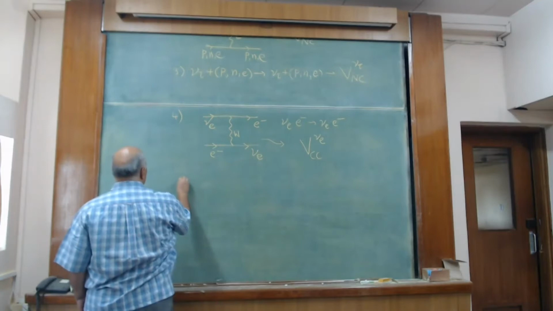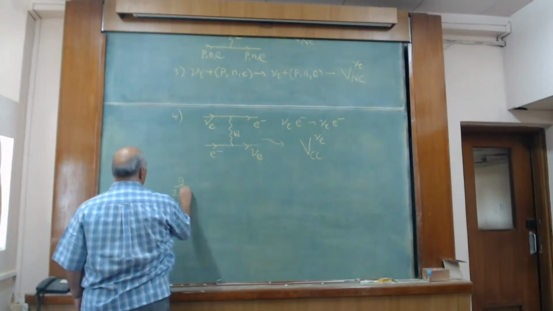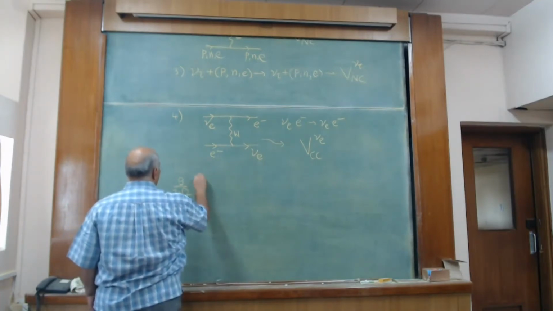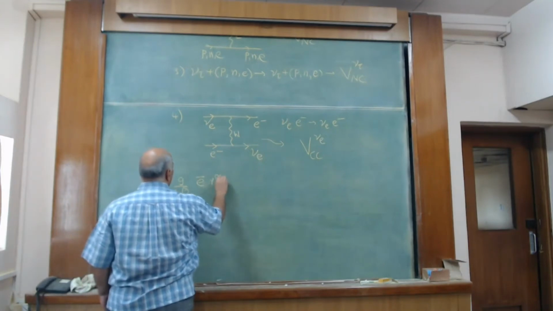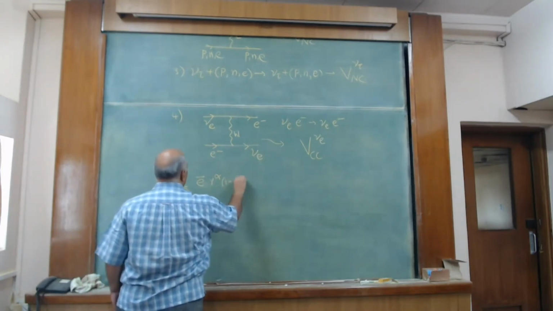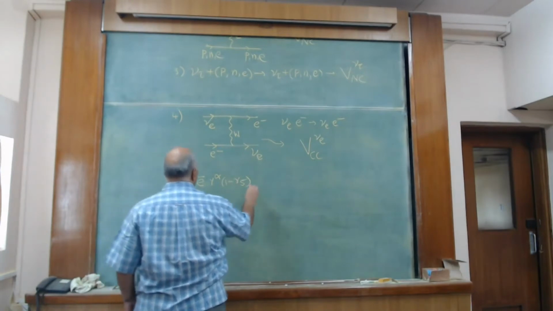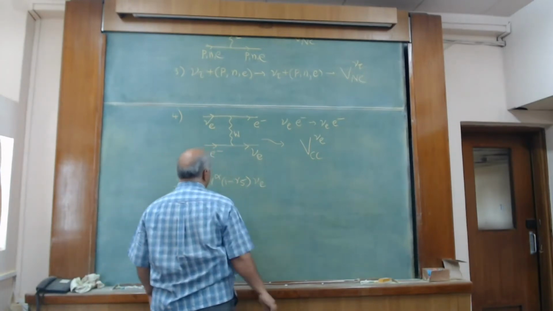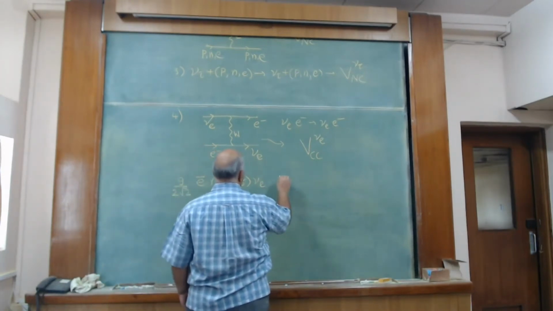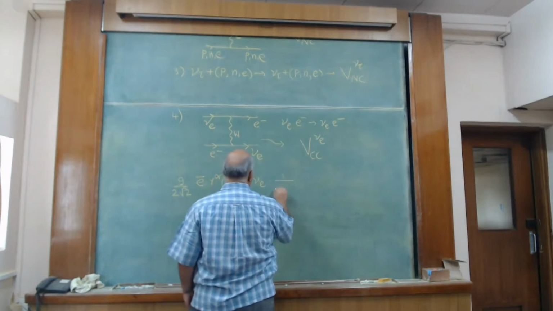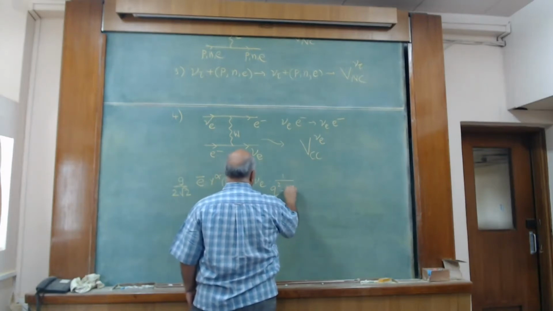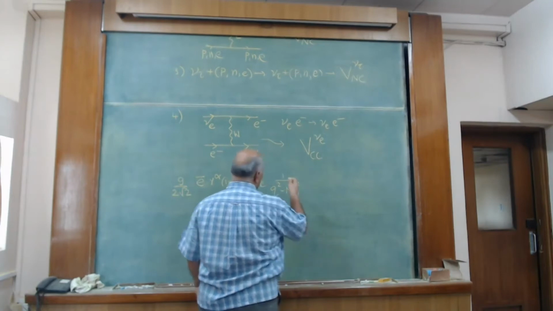So I have G by 2 root 2 e bar gamma alpha (1 minus gamma 5) mu e times 1 over q square minus mW square.